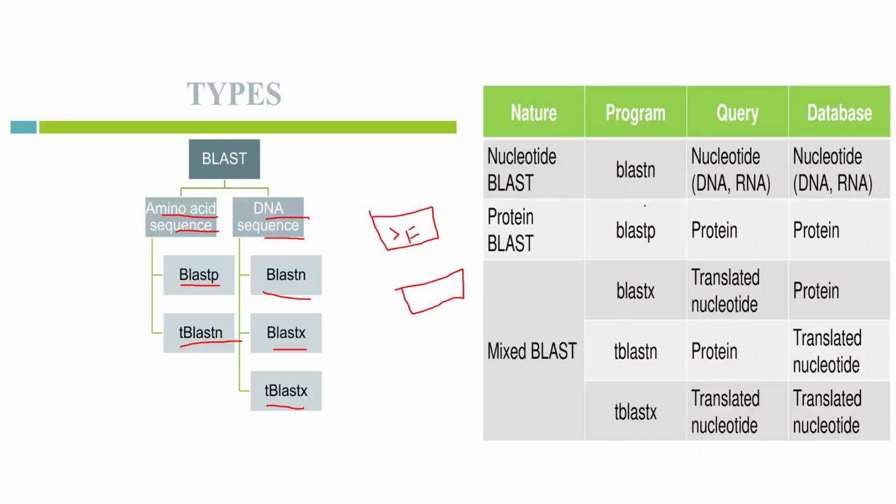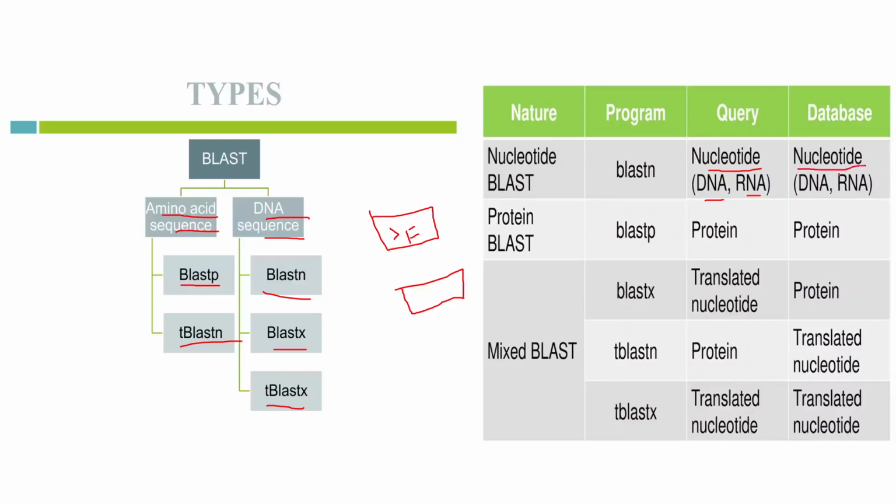In BLASTN, the query sequence is nucleotide, and this nucleotide can be either DNA or RNA. What kind of database will it search against? It will search against the nucleotide database.